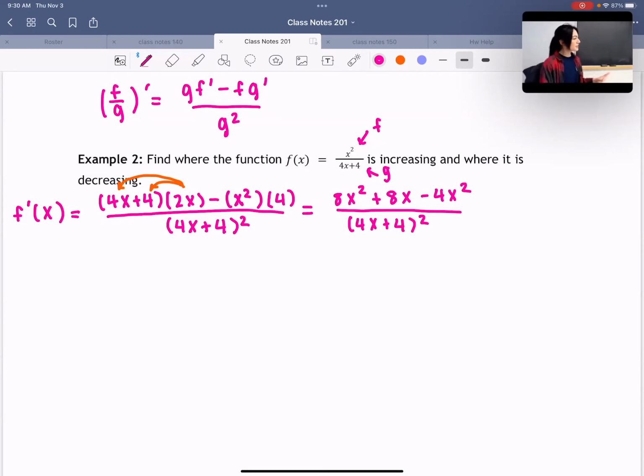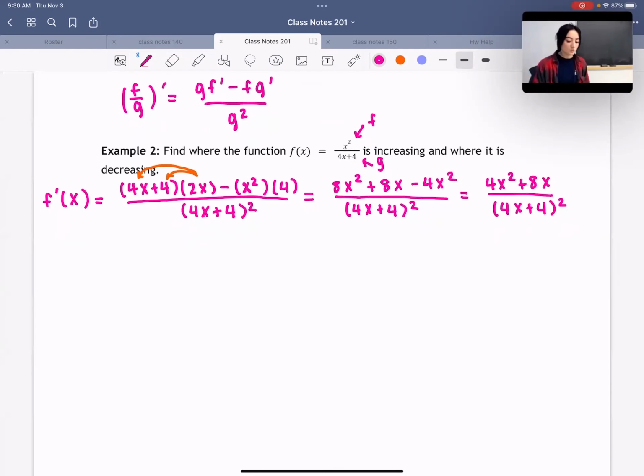I wouldn't do that just because it's a little bit easier to find where the derivative doesn't exist if we leave it alone. So let's not do that yet, okay? Once we subtract, we should get 4x squared plus 8x over 4x plus 4 squared.